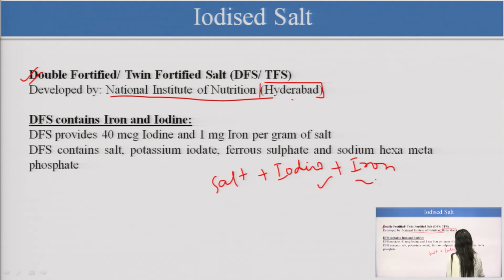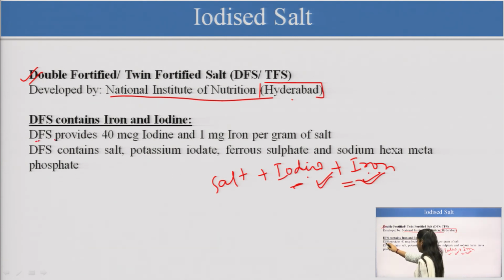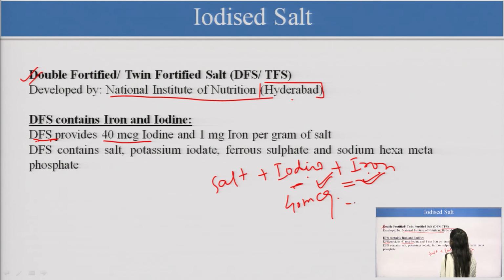So these are two nutrients we have added, one is iodine, another is iron. We can use this for the population suffering from iron as well as iodine deficiency. DFS means double fortified salt, which provides 40 micrograms of iodine plus 1 mg of iron per gram of the salt.